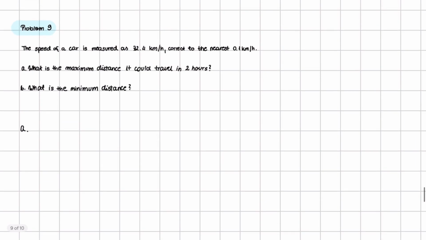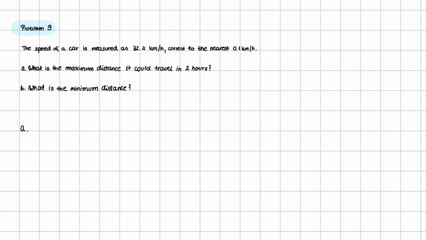Problem number 9. The speed of a car is measured as 72.4 kilometers per hour, correct to the nearest 0.1 kilometers per hour. A. What is the maximum distance it could travel in 2 hours? So, firstly, we have to calculate or just give the maximum speed of the car.